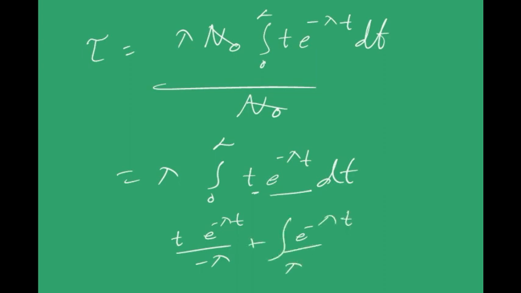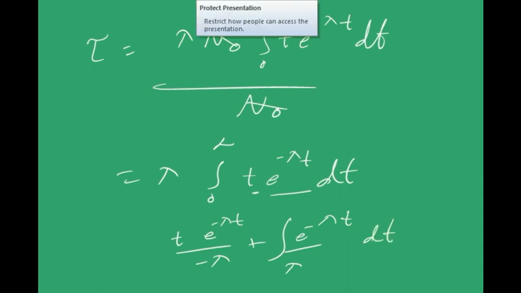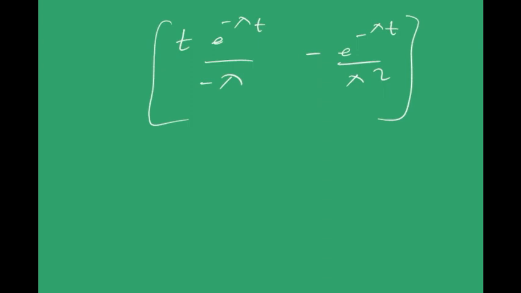So when I integrate this again, I'm going to get the same equation written in this form: t e power minus lambda t by minus lambda, and you have minus e power minus lambda t by lambda square. This is the integral, right? And limits are from 0 to infinity. Firstly, I'm going to get 0, and next I'm going to get minus 1 by lambda square.